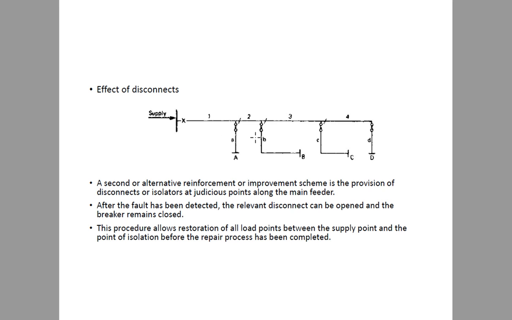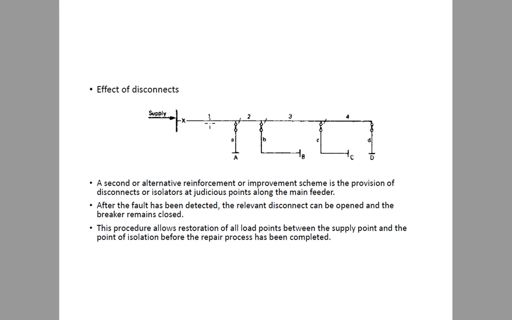In addition to the fuse and circuit breaker, these line sections are provided with disconnects at this T point. These disconnects are given at each feeder section, or line section, we can say. What effect these disconnects have on our reliability indices, we will see in this e-lecture.